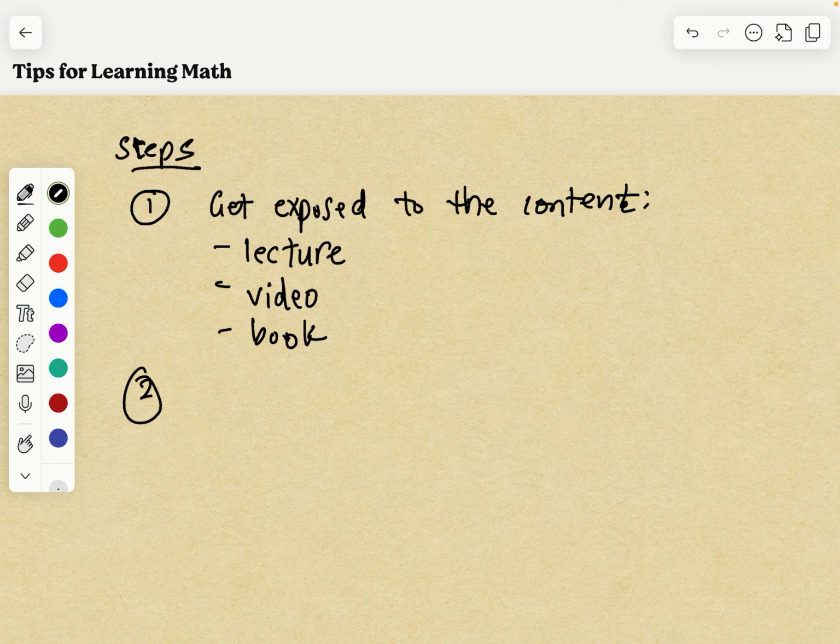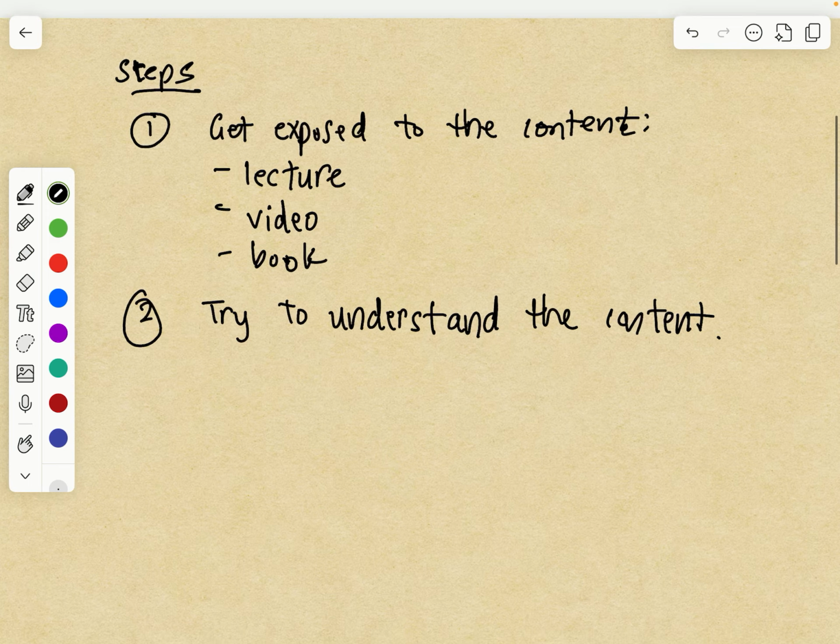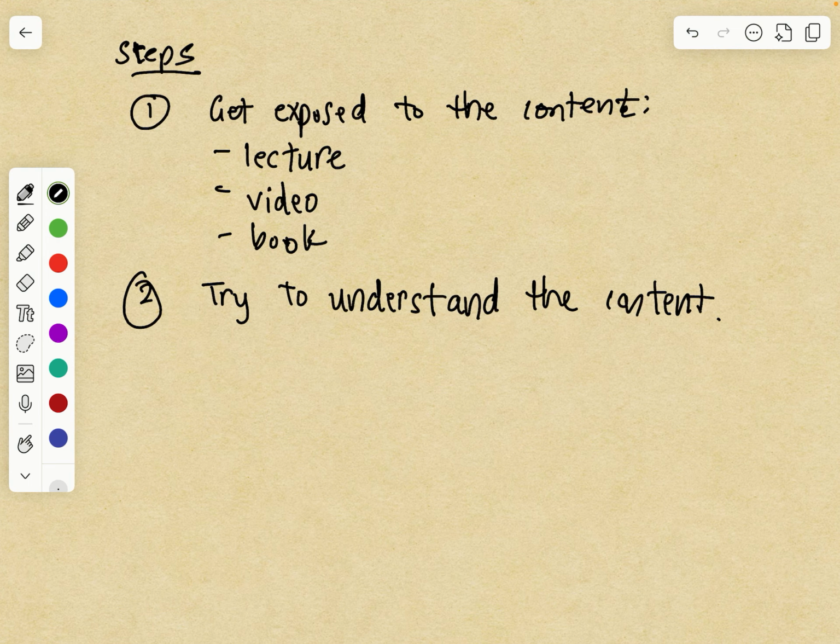So the second step is to try to understand the content that you're being exposed to. And most students, in my experience, do steps 1 and 2. They're going to class, they're paying attention, right? Or they're watching videos. Maybe they don't really read the book, but I would encourage them to read the book.